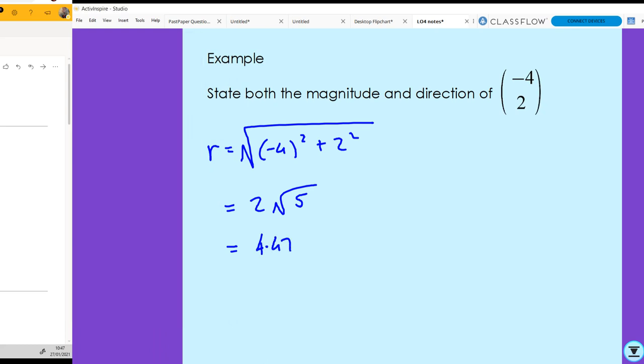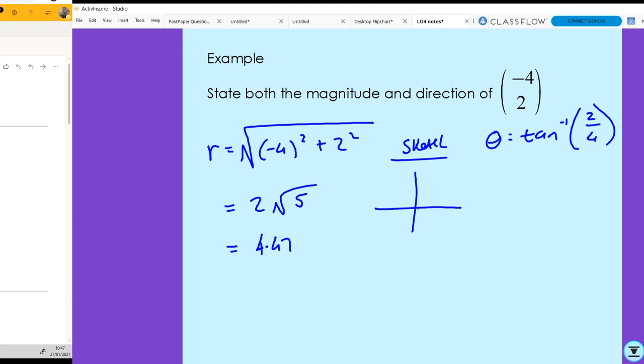4.47. To work out the angle, we take the inverse tan of what sum? 2/4, which is a half. You can simplify it down if you want. Don't use a negative. Instead, we need a sketch. If we draw a sketch, you go along for 2, but down for 4. Our angle is acute, but it's negative.